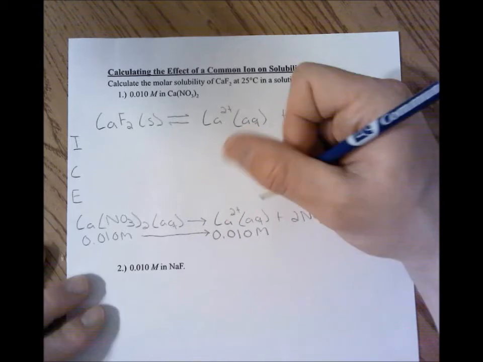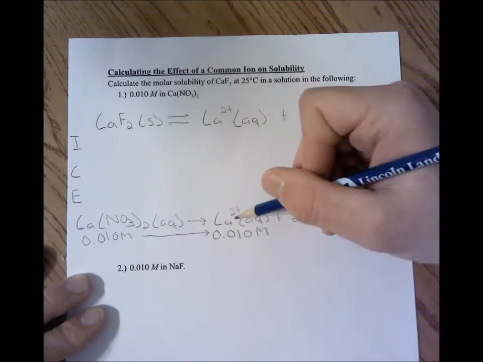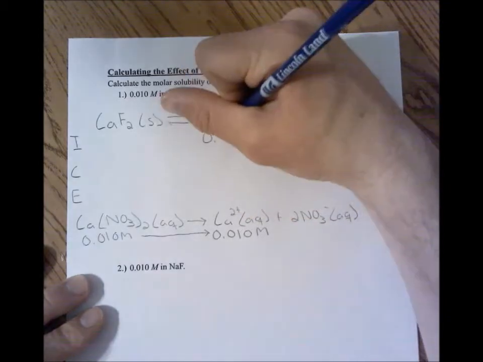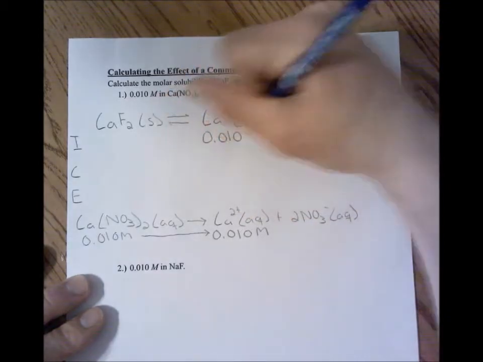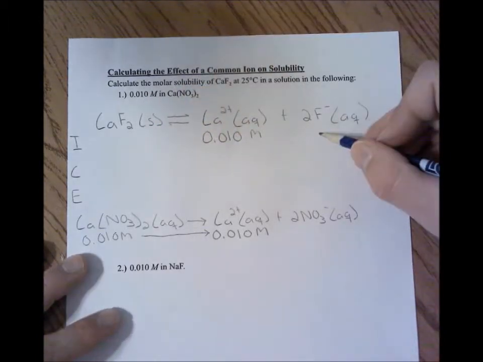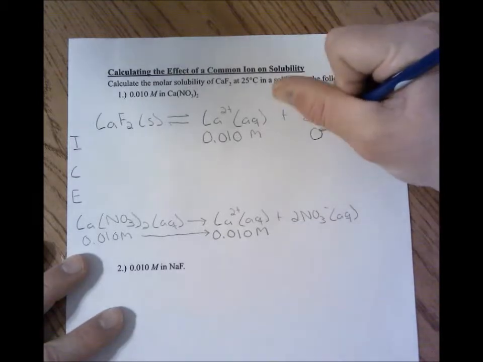So what we do for just calcium ions, for that initial value, we can place 0.010 molar. Now, there was no fluoride initially, so we have to put a value of 0.